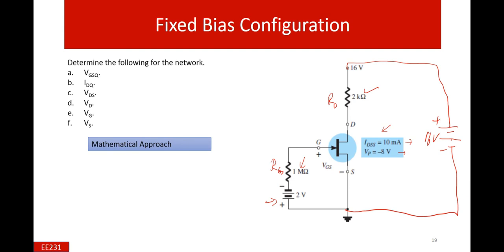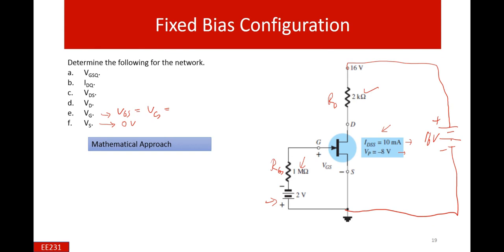A few things are definitely clear. For example, Vs is 0 volts because it is directly connected to ground, and Vg is equal to VGS, because Vs is 0.